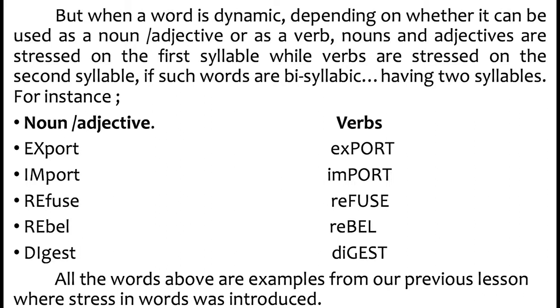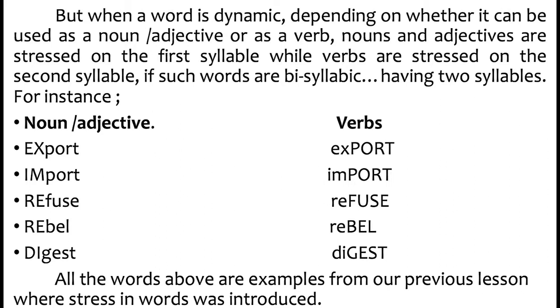While over here, we have import. Now we're using this word as a verb. Then the third one there, refuse. We are using that word as a noun. Over here, we have refuse. We are using this word now as a verb.